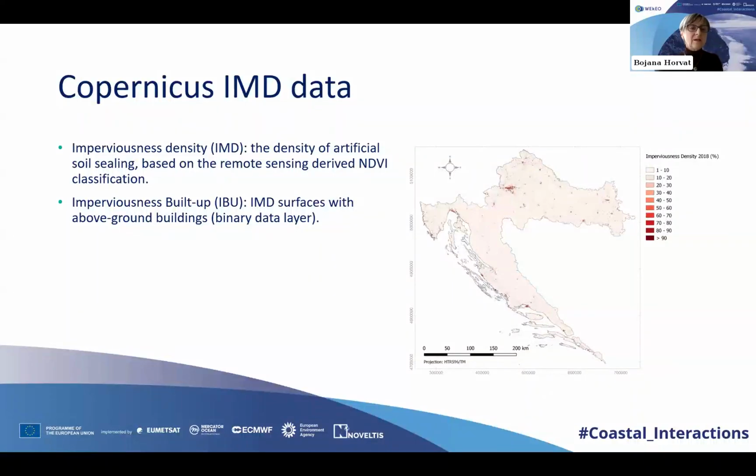These IBU data refer to the surfaces that signify above ground buildings. So not all IMD surfaces are considered to be above ground buildings. So we needed to restrict the data only to the areas that are covered with residential or above ground buildings.